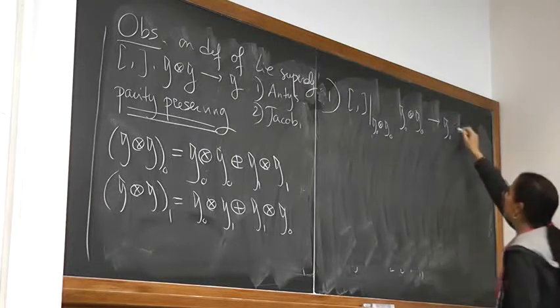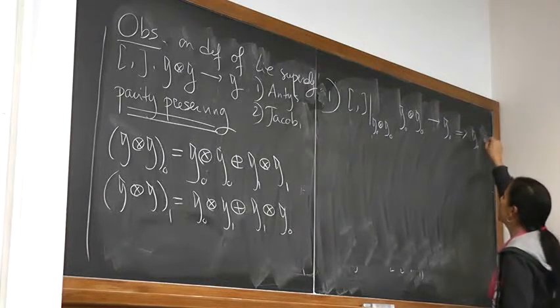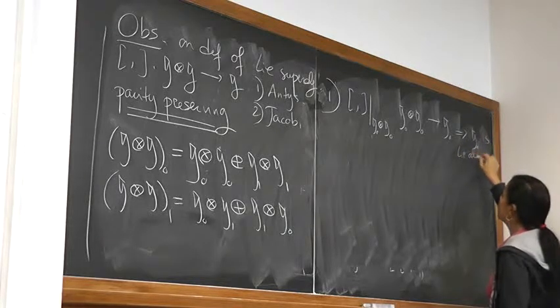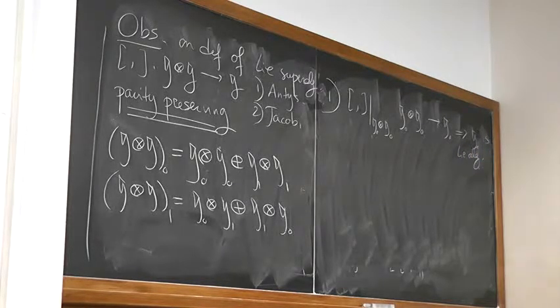So this implies that G0 is a Lie algebra. And this is a very important fact that we use all the time.